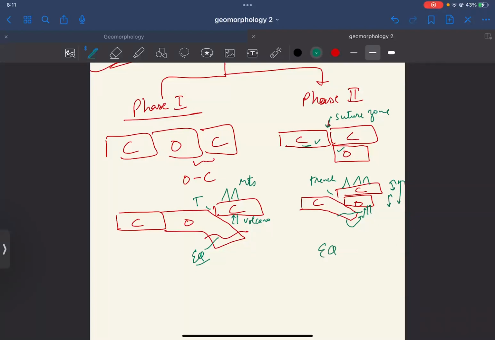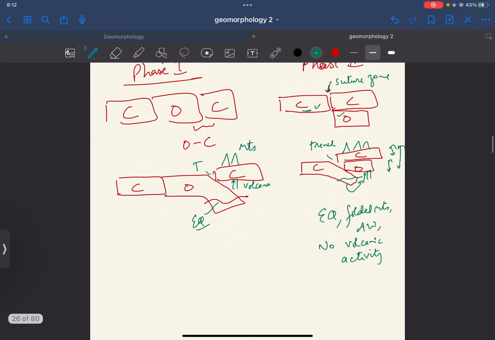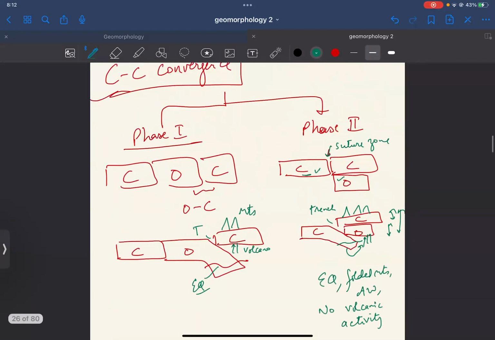Now earthquakes are taking place, folded mountains are formed, occasionally wedges form, but there is no volcanic activity because magma is not able to reach the surface of the earth, because before reaching the surface it cools down and solidifies, since it has to travel a huge distance. First across the oceanic plate, then the continental plate. So this is how continent convergence takes place.